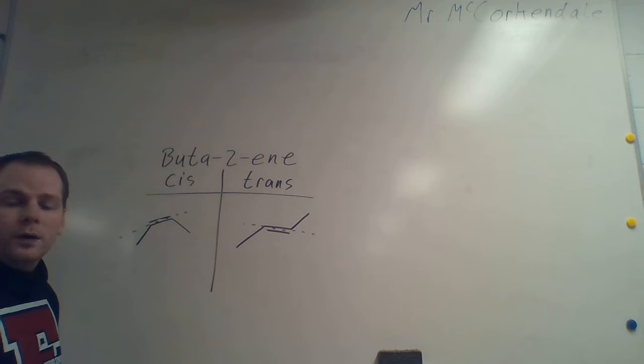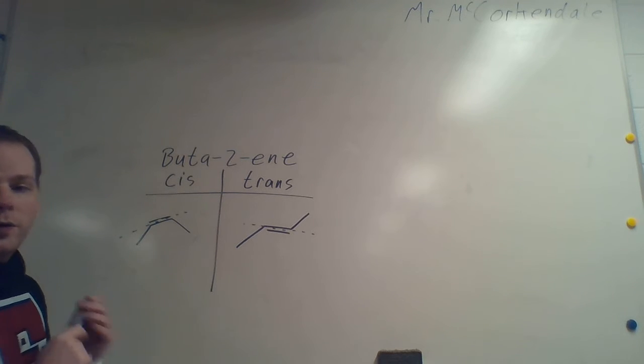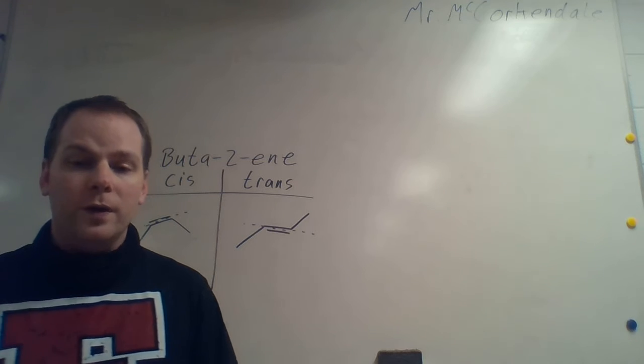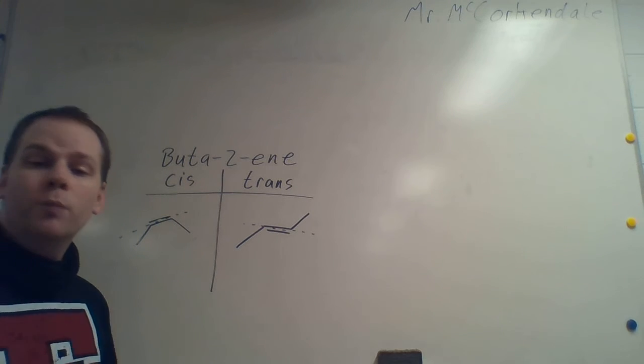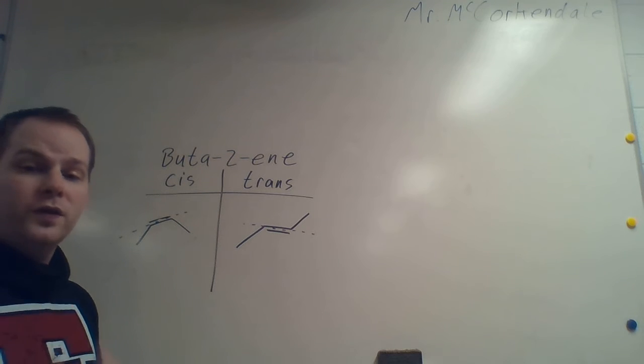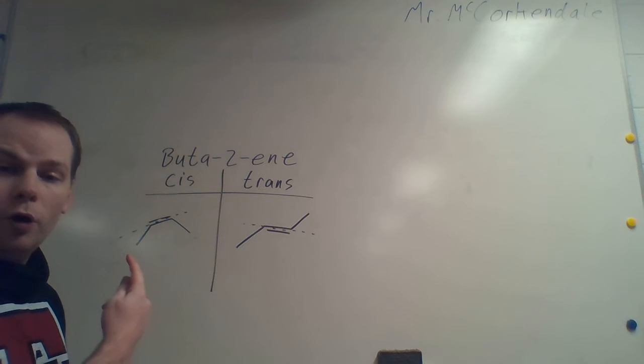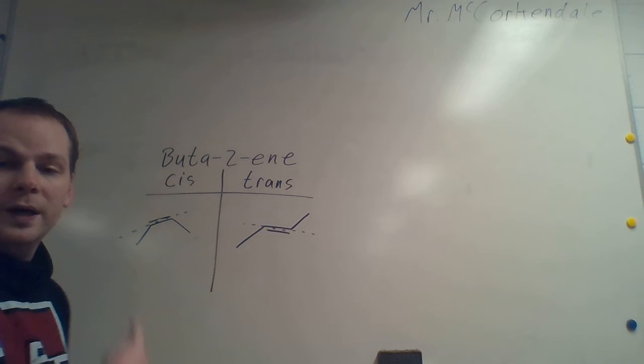The double bond is considered cis if the more extreme branch is on the same side of the dotted line on both sides of the bond.